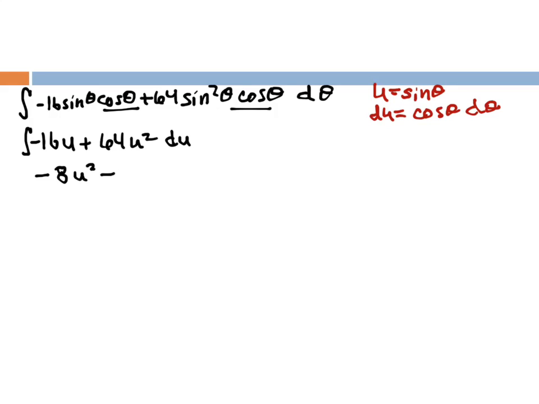Negative 8u squared. And then 64u squared? 64 over 3 u cubed. And our u is sine theta. So this is negative 8 sine squared theta plus 64 thirds sine cubed theta.